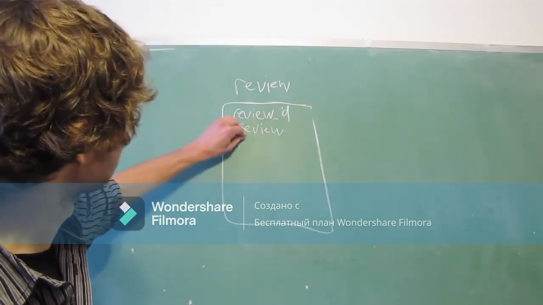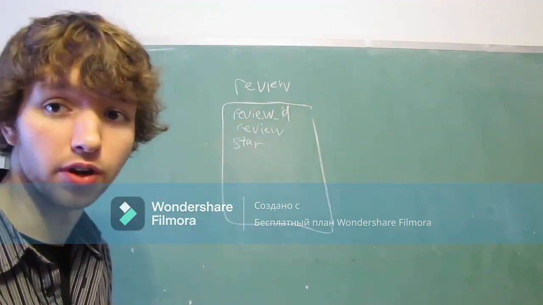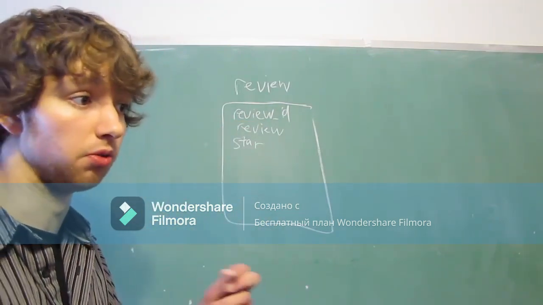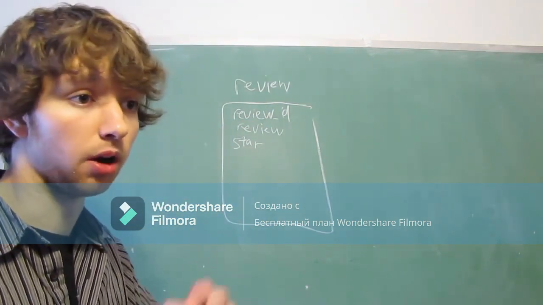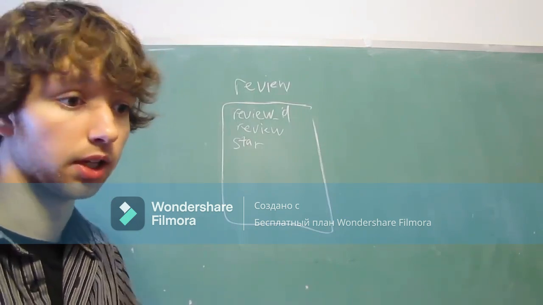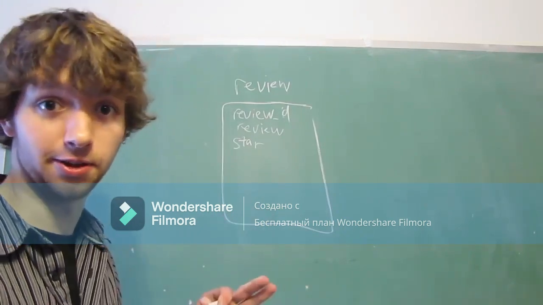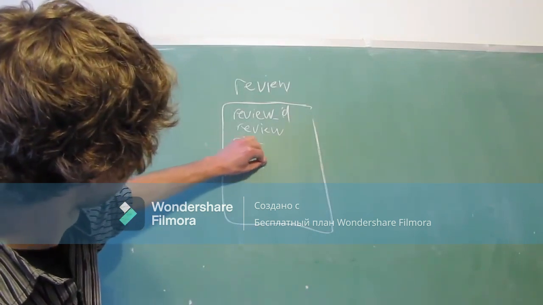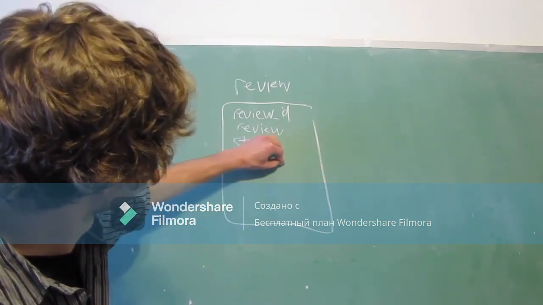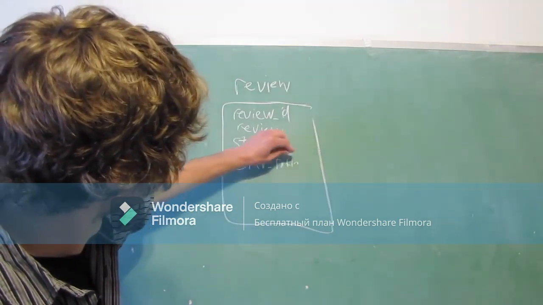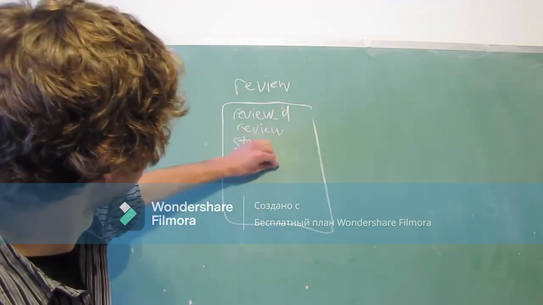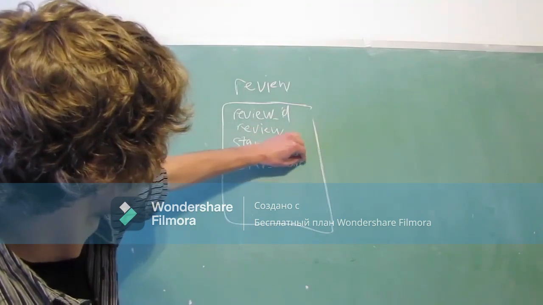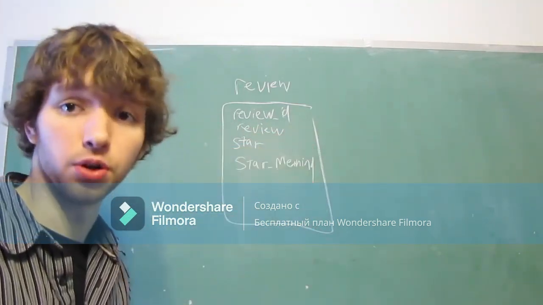So you could have a star rating, maybe 1 through 5, 1 being the worst, 5 being awesome, and then 4 maybe being really sort of okay, you know? And then we might have something that has a star meaning. So that would be like, sort of okay, right?